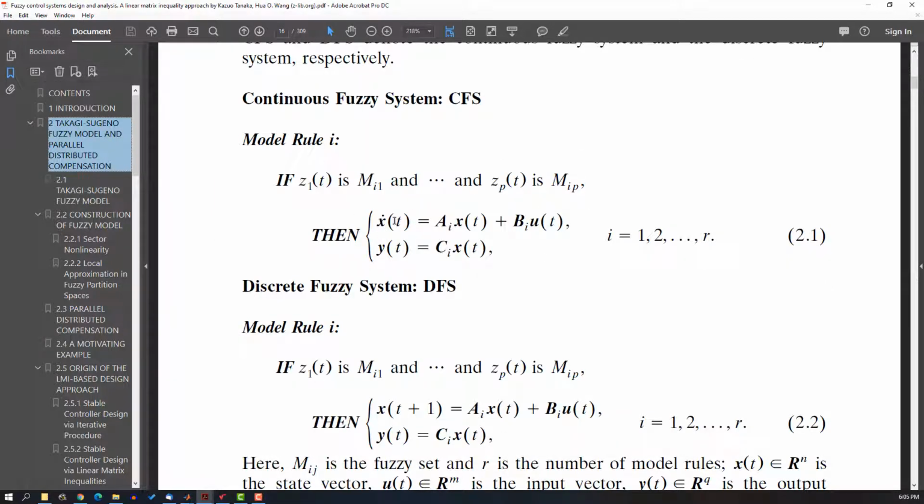They call it a set, for example. A set they call a rule. For example, as rule i, you have a state-space system like this. But in this rule, this matrix will be constants.